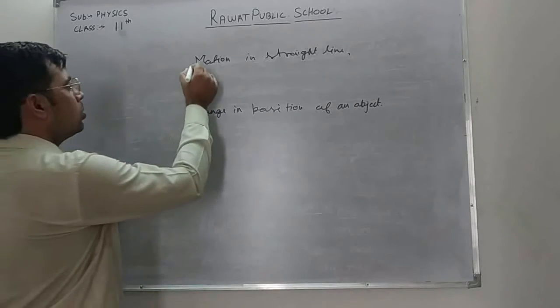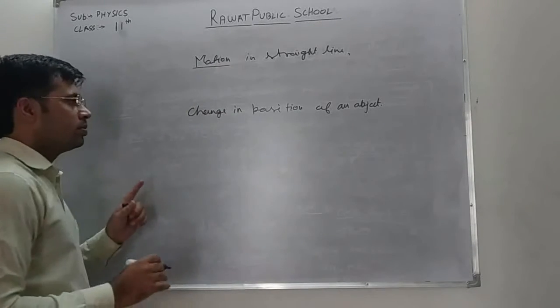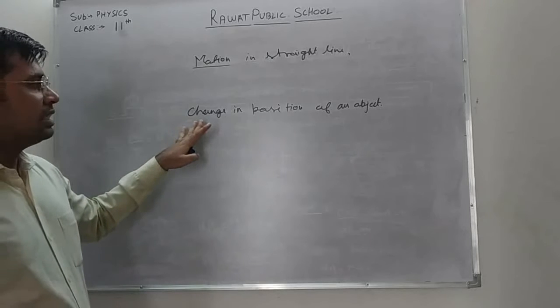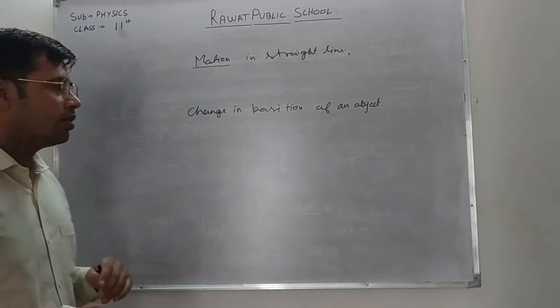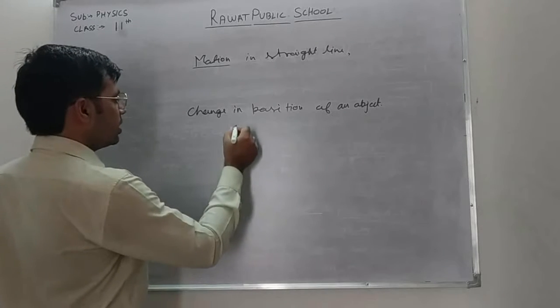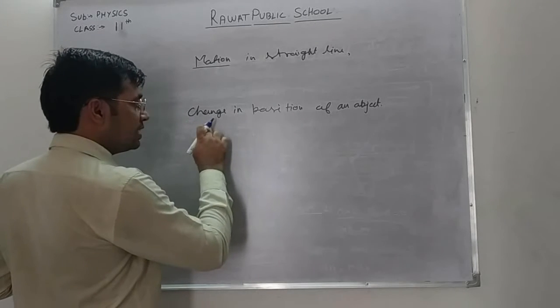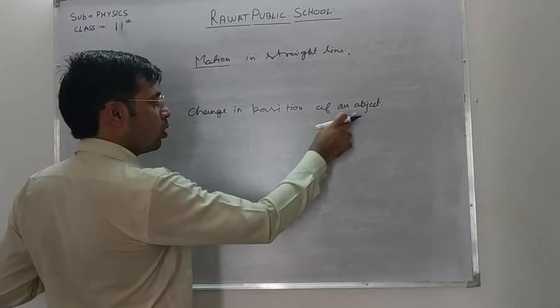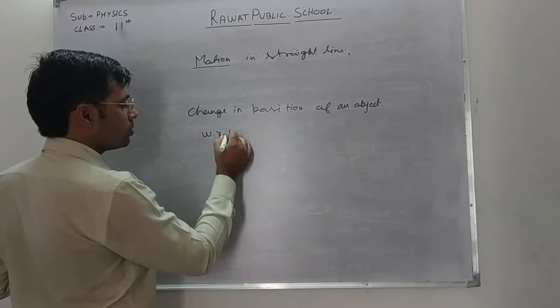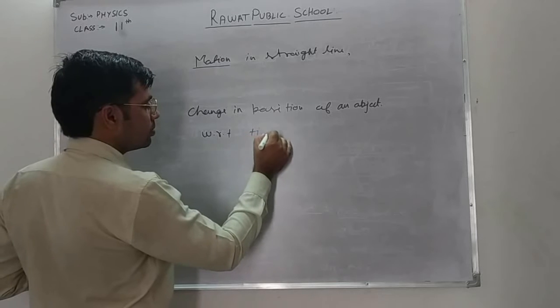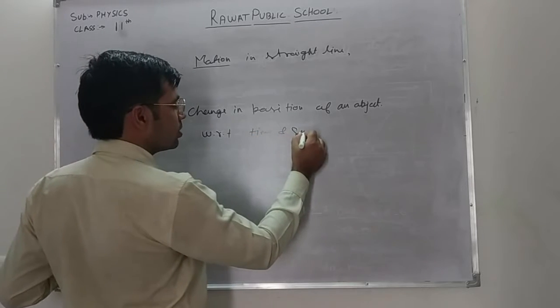Okay, so let us discuss the first term. It can be seen as change in the position of an object, but we modified this equation and it becomes change in the position of an object with respect to time and surrounding.